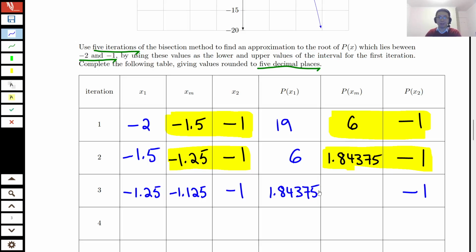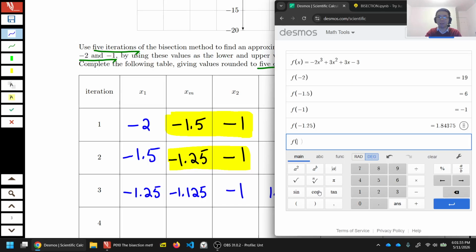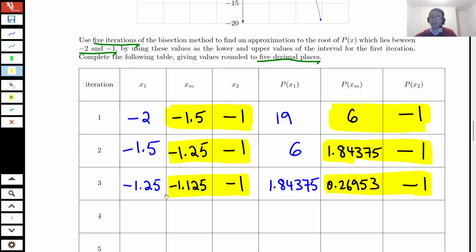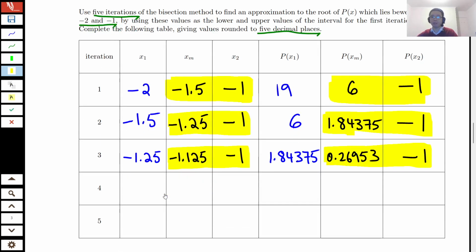And now I need to evaluate the function at -1.125. And I get 0.26953. And look at that. The function changes sign again in the upper bracket. This doesn't always happen. Sometimes it will be the lower half. It'll alternate. But we'll see what happens as we continue working through this example.